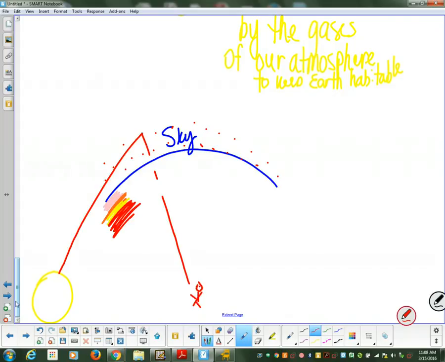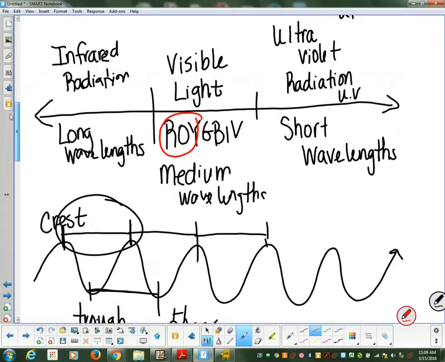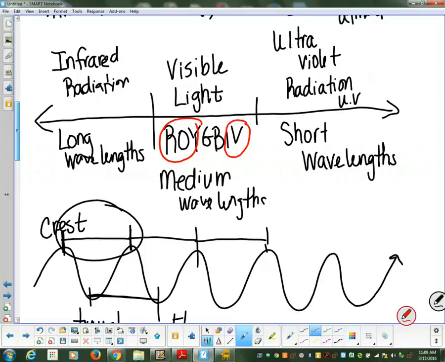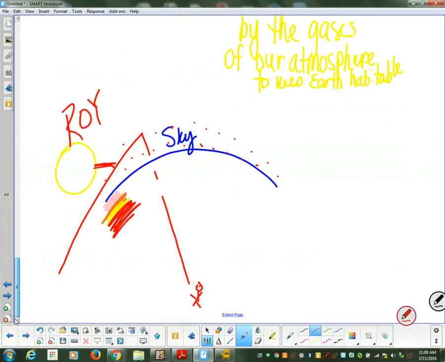And because those are long wavelengths, we see colors that fit into the Roy part of the spectrum.